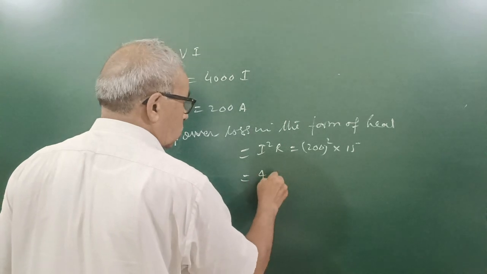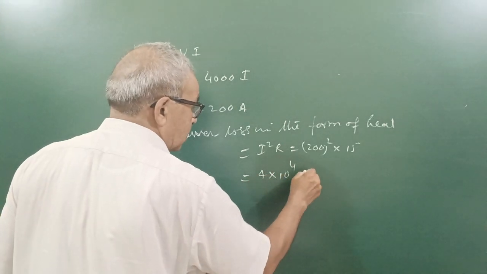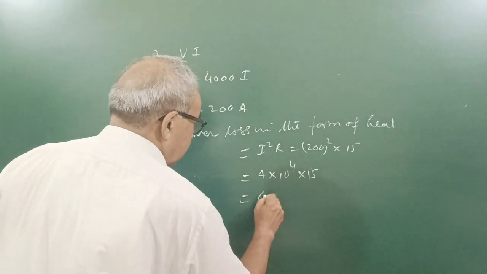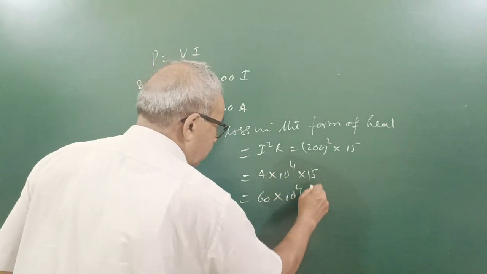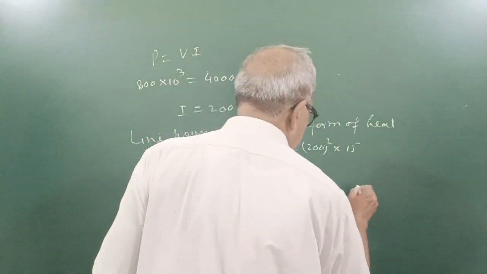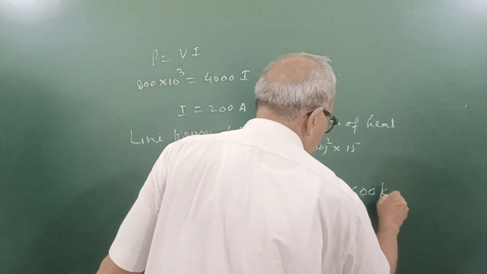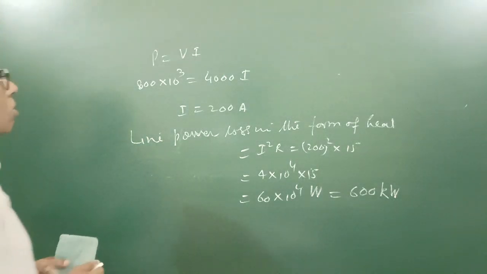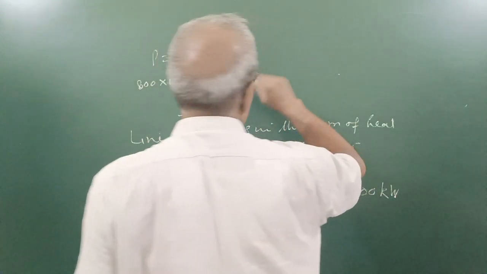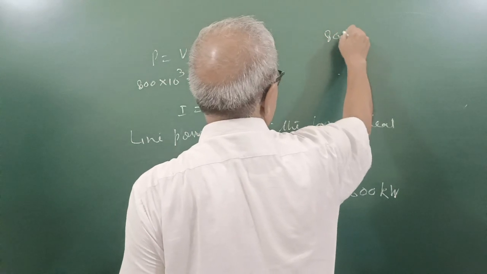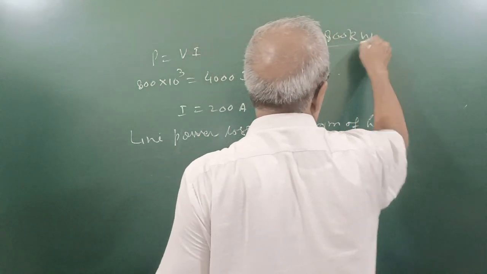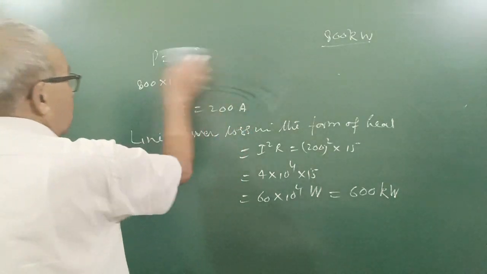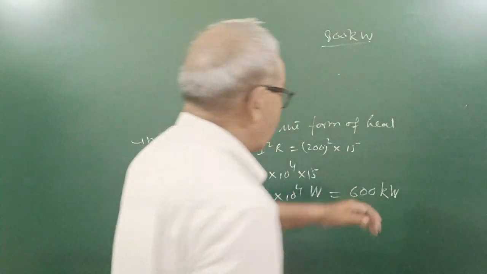It is 4 into 10 to the power 4 into 15. 15 4 is 60. 60 into 10 to the power 4 watt. Or it is 600 kilowatt. And required was 800 kilowatt. See, 800 kilowatt power was being given to the town, 600 kilowatt lost.